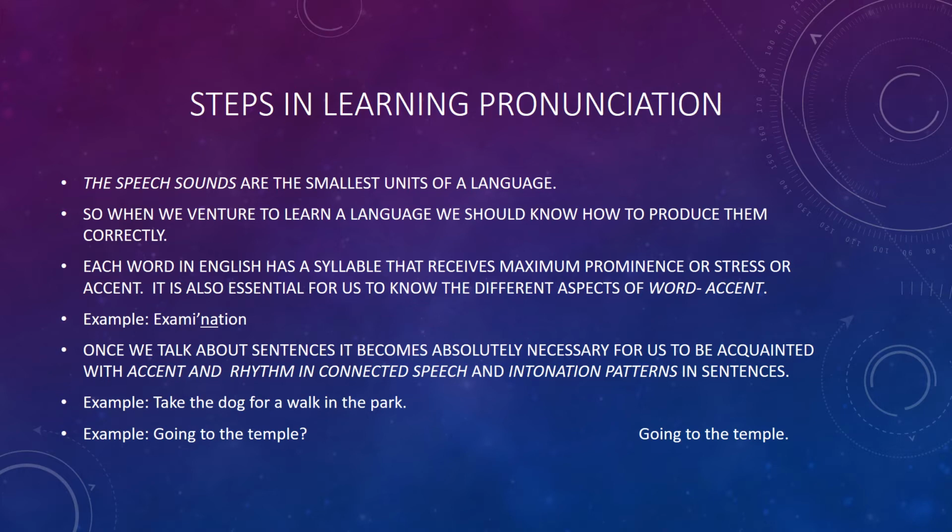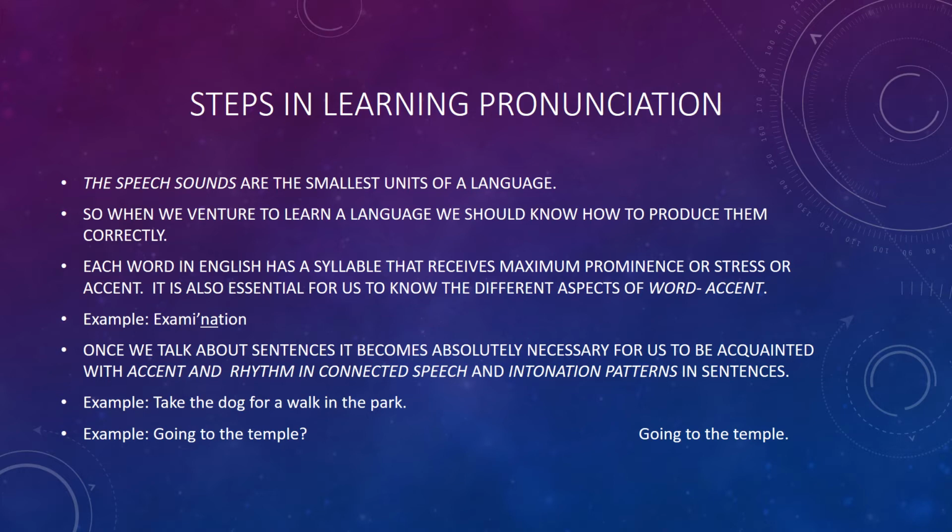It is also essential for us to know the different aspects of word accent. Look at the example, examination. In this word, the syllable ne is receiving the stress or the accent.